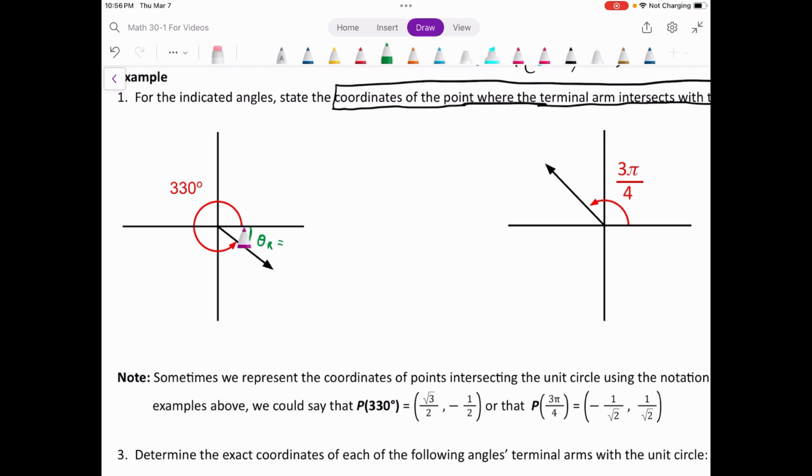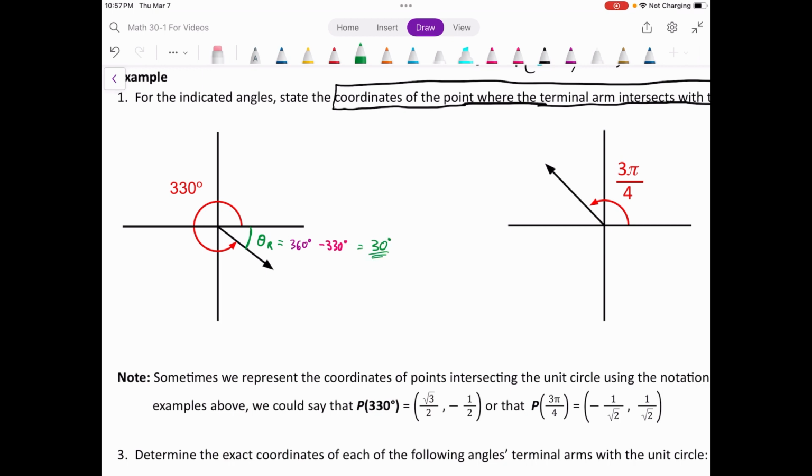I'm in quadrant 4, so I can do 360 minus 330. Here's a full 360. Take away 330, and I'll just be left with that green part there, the reference angle. So 360 minus 330 gives me that the reference angle is 30 degrees.